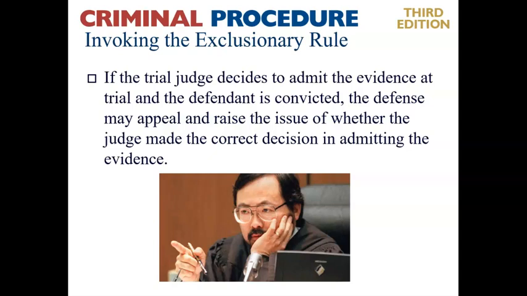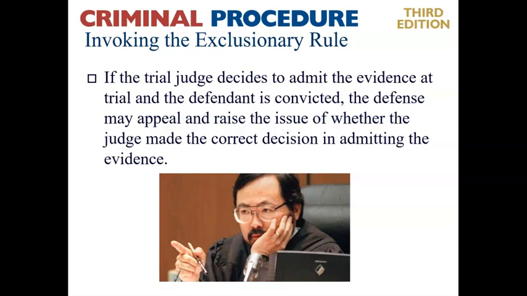Now, if the trial judge decides to admit the evidence at trial and the defendant is convicted, the defense may appeal and raise the issue of whether the judge made the correct decision in admitting the evidence. We've talked about that a little before.